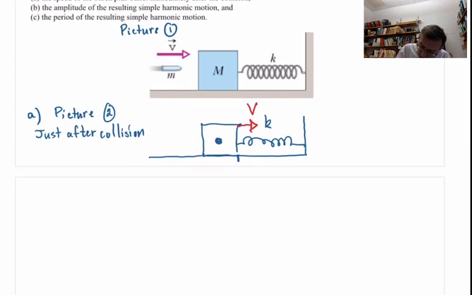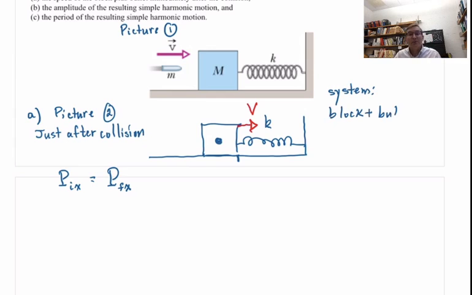So, capital P initial x equals capital P final x, where the system is block plus bullet as far as the collision is concerned. Not the spring. The spring hasn't even been compressed yet. The collision has just ended with the bullet embedded.